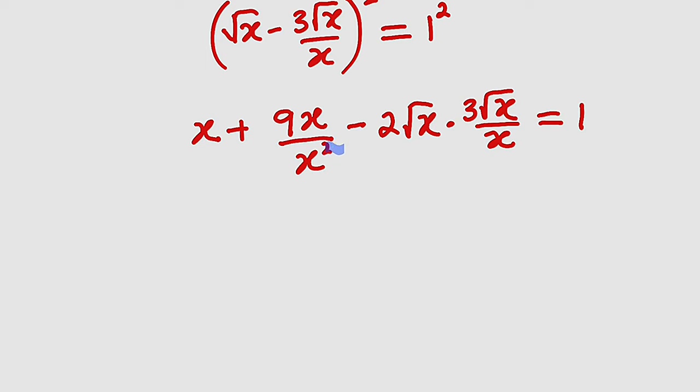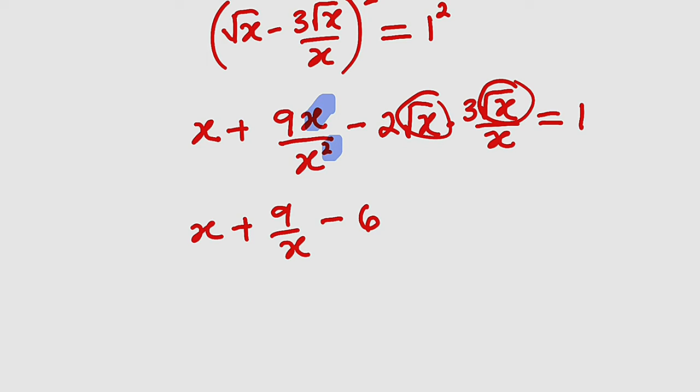To the left hand side, the x will take care of the x here, so we have x plus 9 divided by x, then minus 2 multiplied by 3, which gives us 6. Root x times root x is root x squared, which is x, divided by x is 1, so we have nothing here.